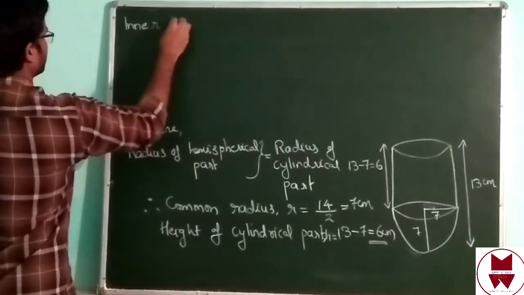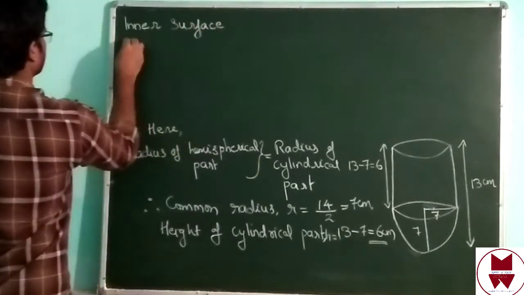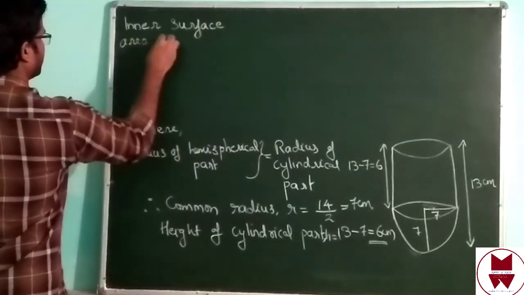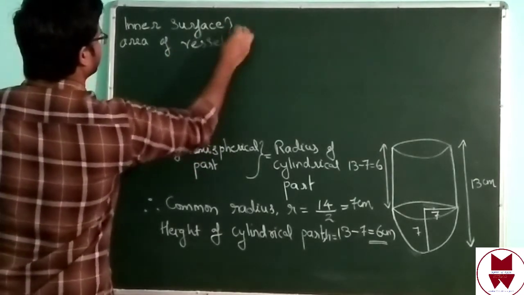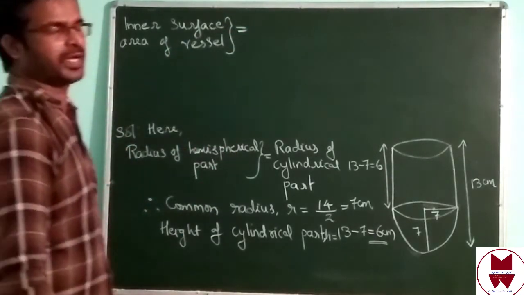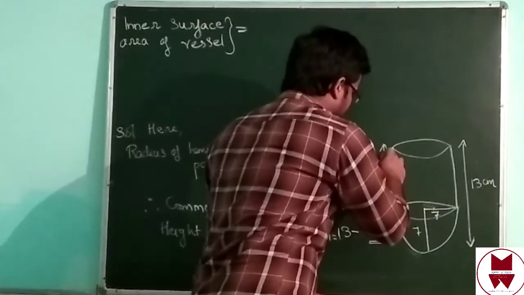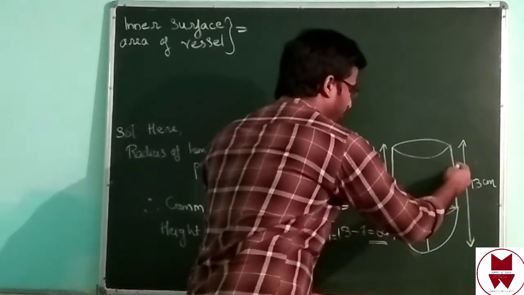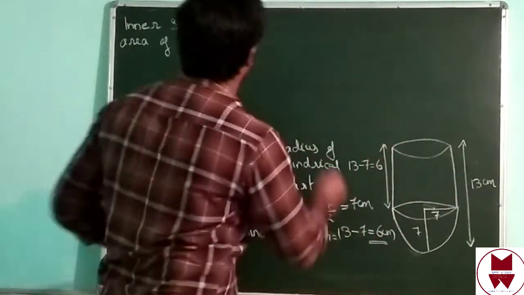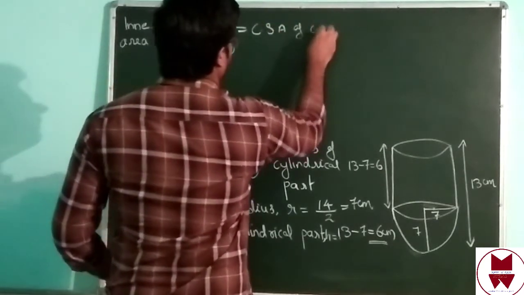Inner surface area of vessel equal to, how can we find out the inner surface area of the vessel? Look, pull inside. That means this part. What is this? Curved surface area, isn't it? CSA of cylinder. You can write CSA of cylinder.